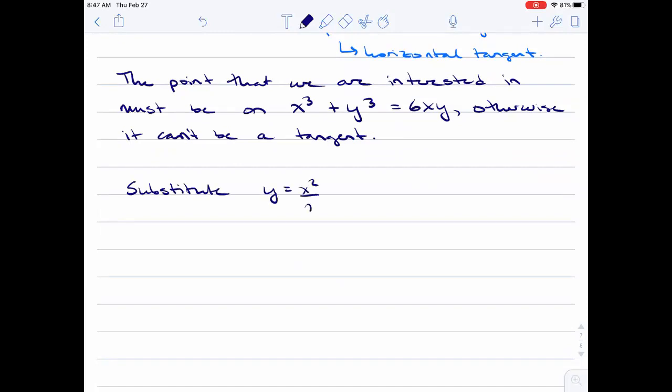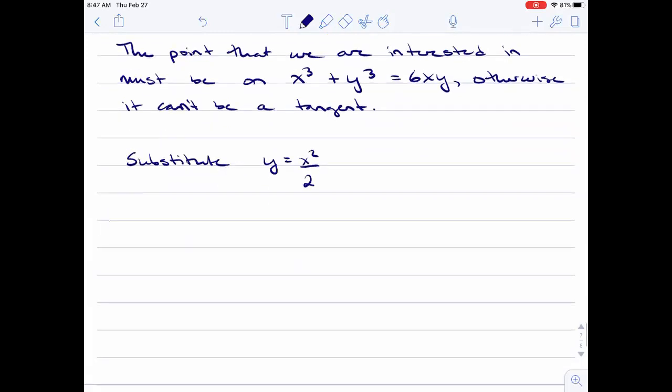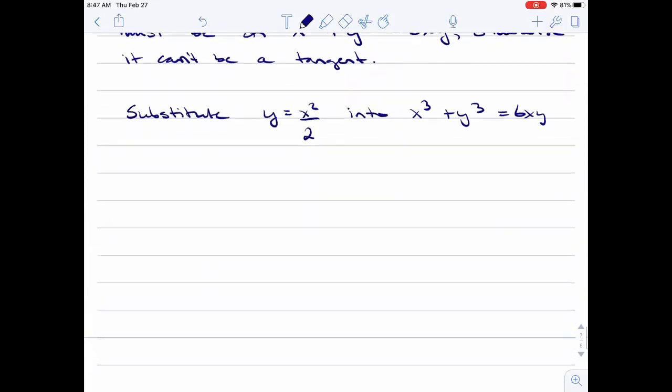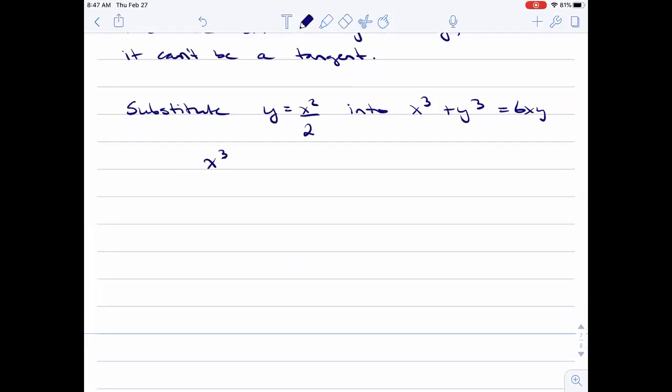So we get x to the 3 plus y to the 3, which is now x squared over 2 to the 3, equals 6x times y, which is replaced with x squared over 2.